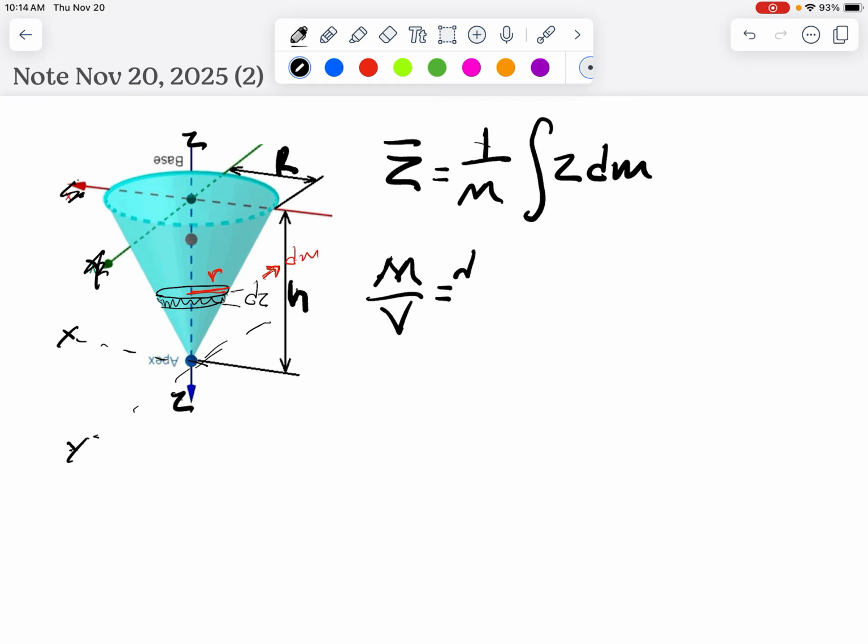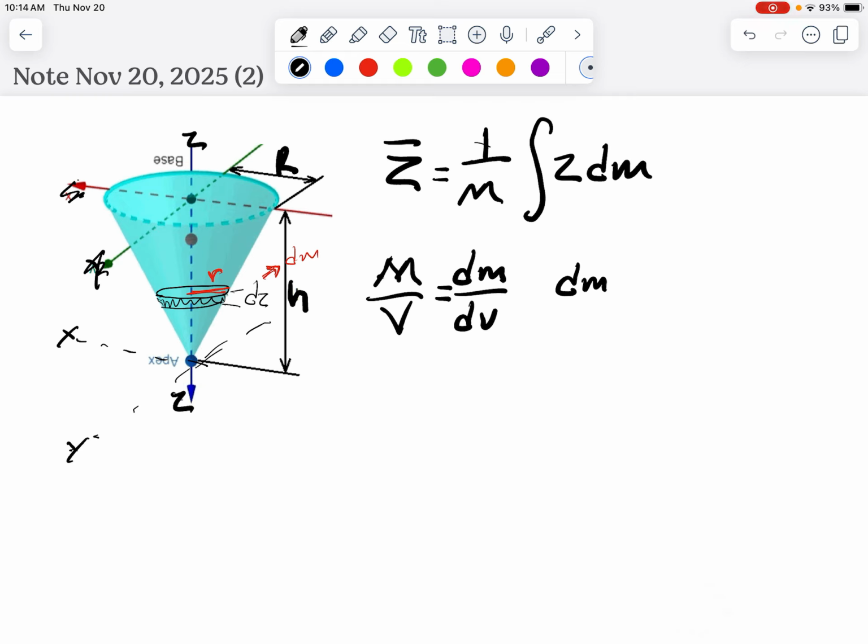That's going to be equal to every little mass element over every little volume element. That ratio is constant for that uniform cone.